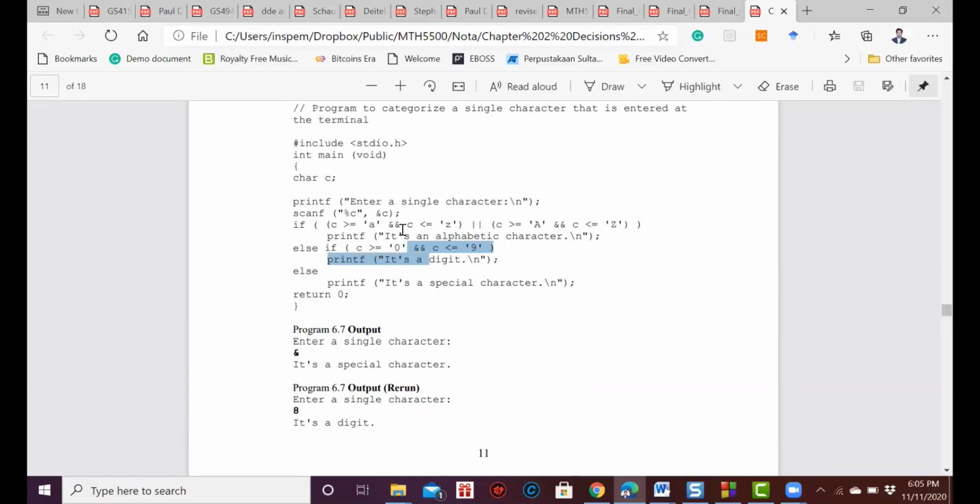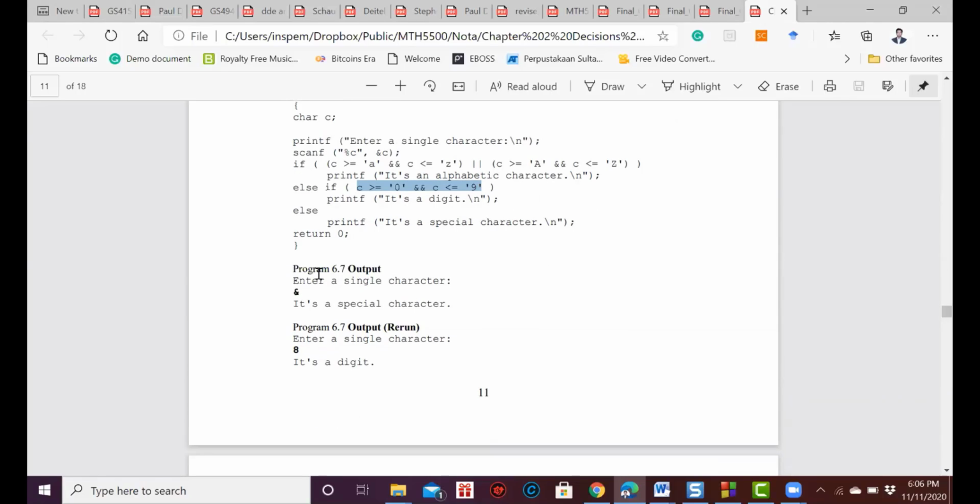Here, N and O, this condition results in the alphabetic character. In this compound condition, we get the print of the digit. Otherwise we get the special character. This is an example of a real application of if else if.